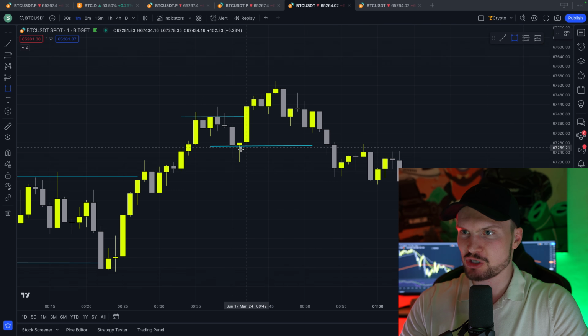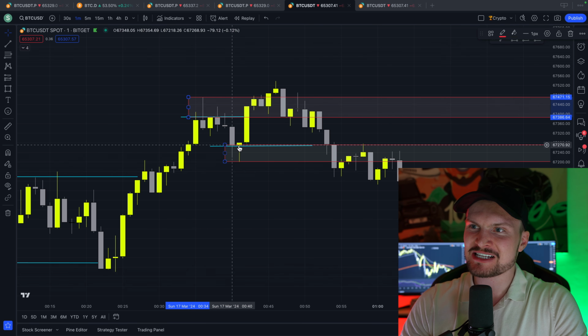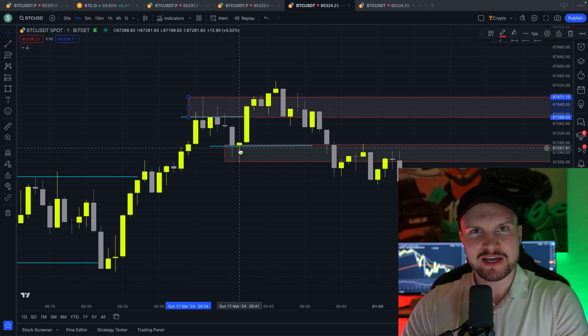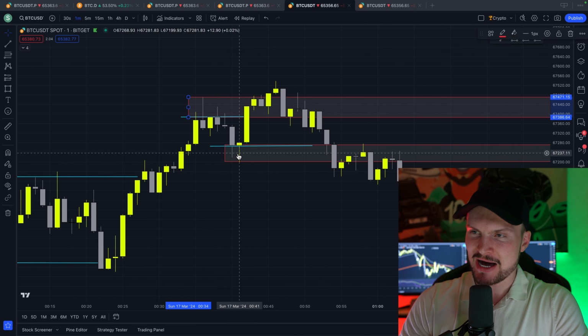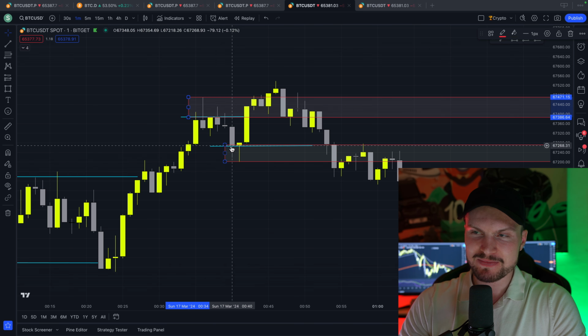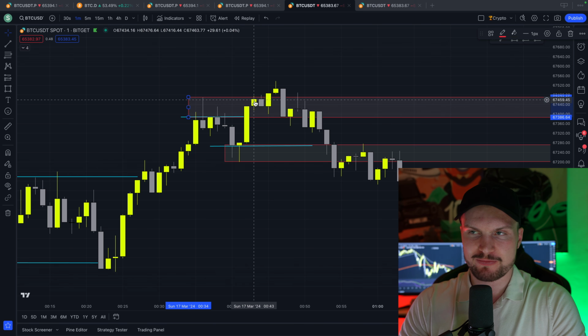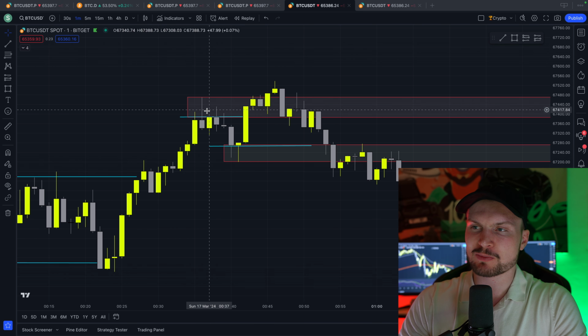So what does this line and zone tell you? And what does this line and zone tell you? The only thing that this here and this here tells you is that in the past, this was an area of interest where buyers kicked in, where you got a reaction. Same as here, this is a price level where sellers pushed the price down.